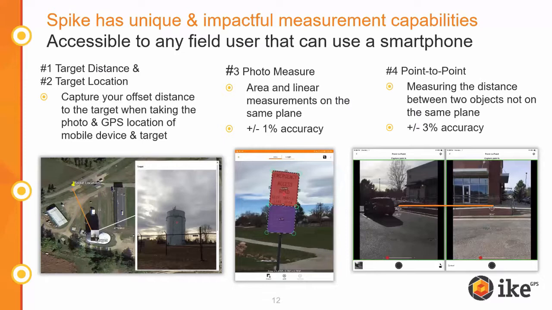But think of how many times that plus or minus 1% certainly would have been good enough, but you had to wait for a precision measurement, or you just didn't do the measurement because you had to use the more expensive tools, the more expensive personnel. Once again, this gets back to that whole idea about how do we make field data collection simple, easy, and accessible because of cost. But remember, it has to be within the tolerance of accuracy and for the right applications.